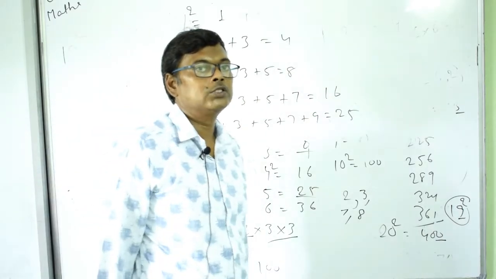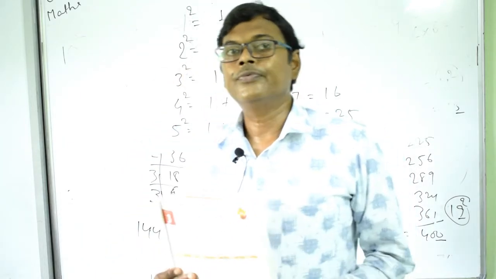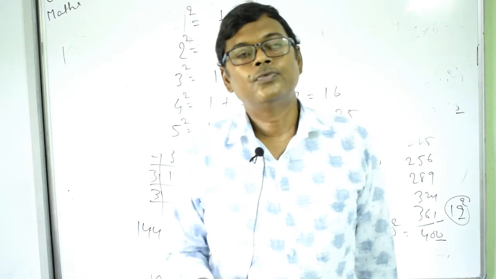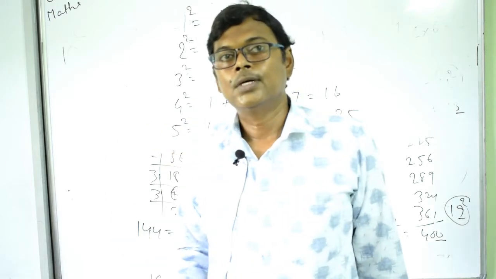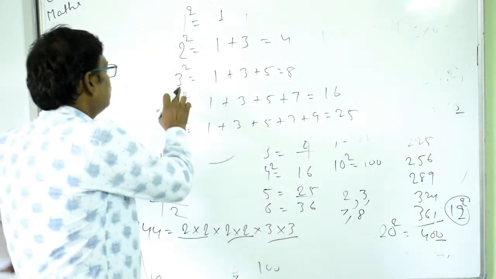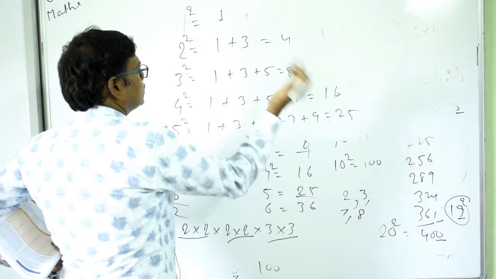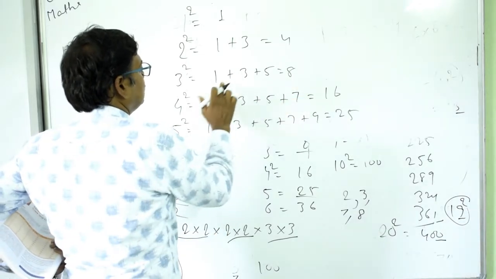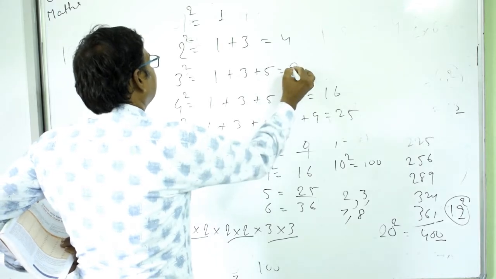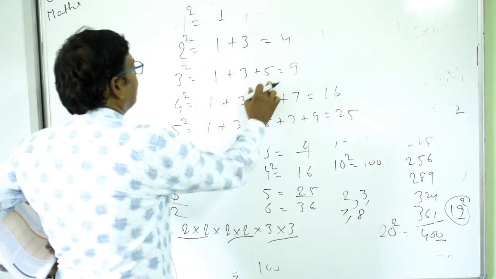While squaring a given number, like if you square 25, you will add the first 25 odd numbers, and you will get the answer 625. Here you are squaring 3, so add the first 3 odd numbers, 1, 3 and 5. 3 square is 1 plus 3 plus 5, that is 9.